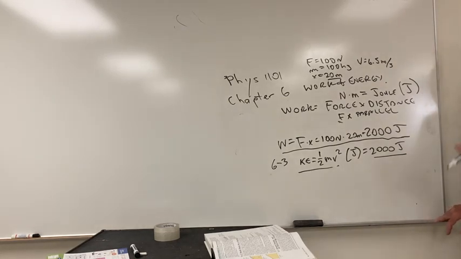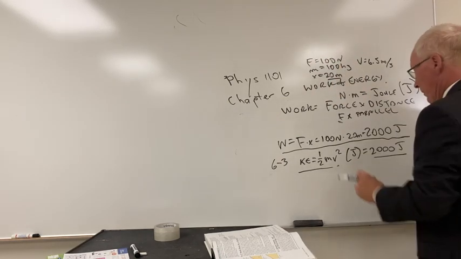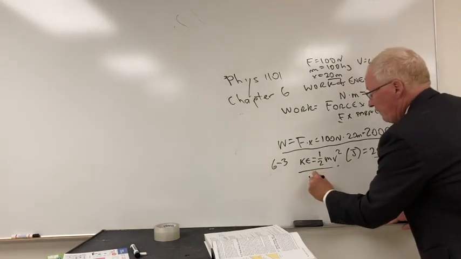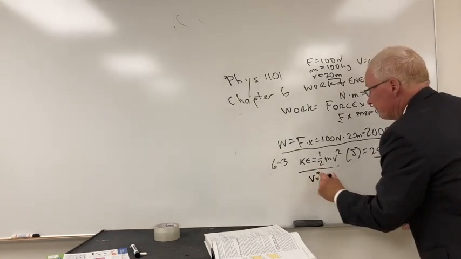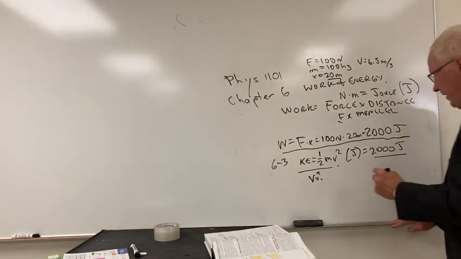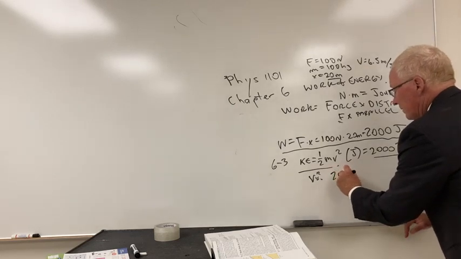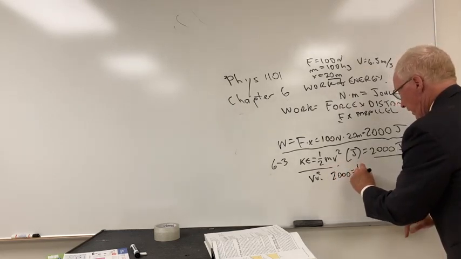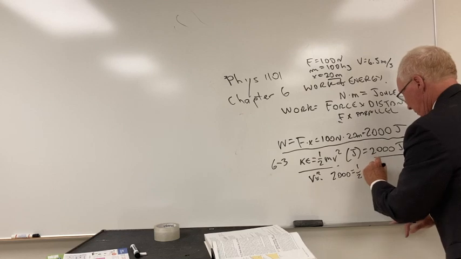All right, so back to our problem here. If we do this way, as opposed to what we've done before, we could ask how fast is this thing actually going? So it's been given 2,000 joules of energy. So the kinetic energy is 2,000 equals 1/2 mv squared.